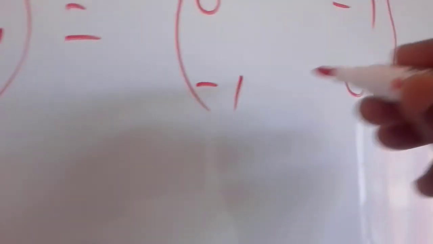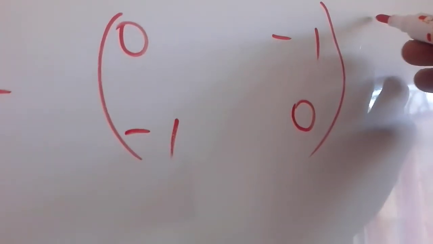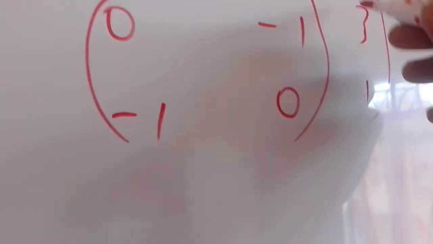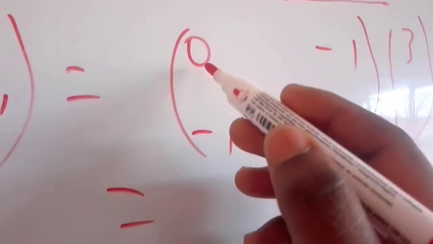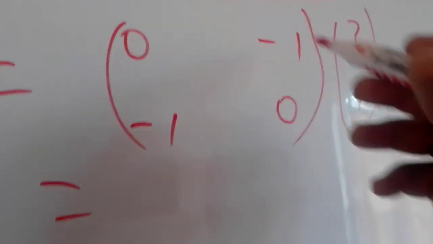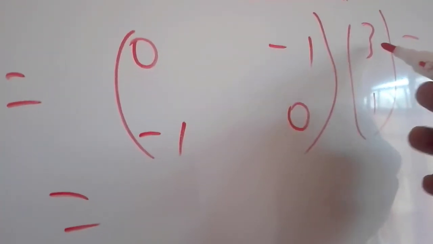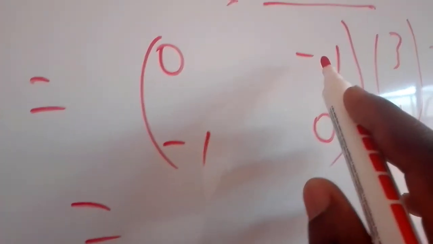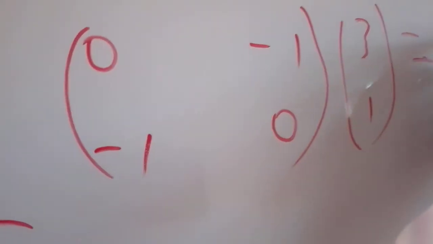So we have the reflection matrix times the column matrix (3, 1). If we multiply row times column: 0 times 3 is 0, plus negative 1 times 1, we get negative 1.